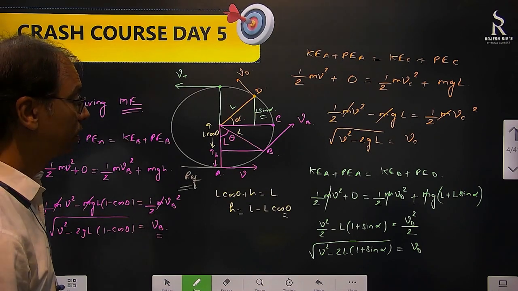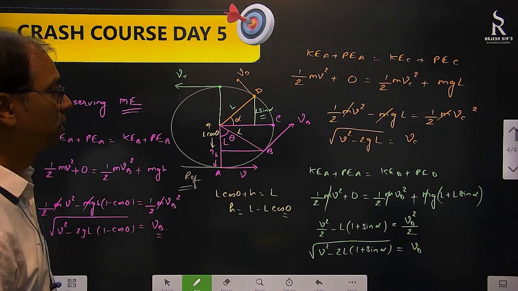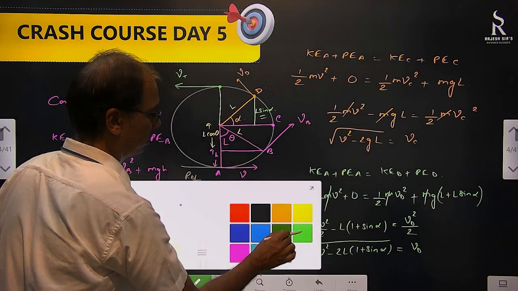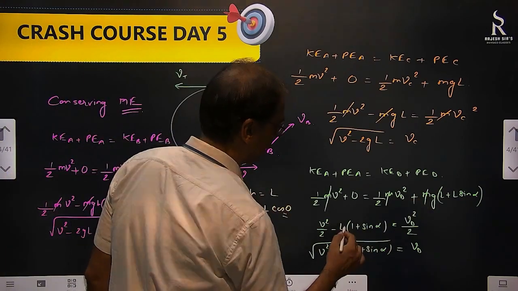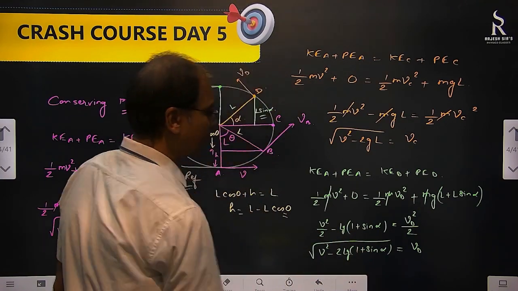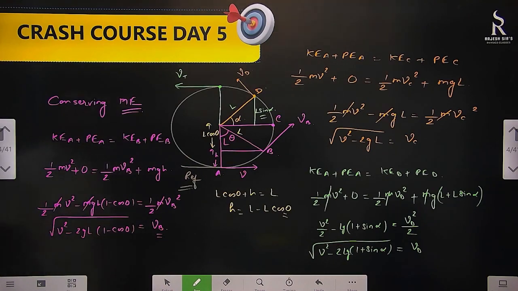What is left out? This G, I didn't bring it here. So G and G, right?